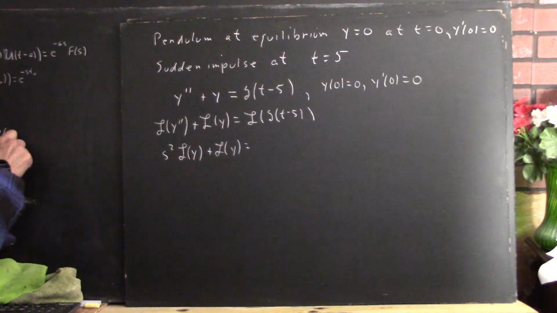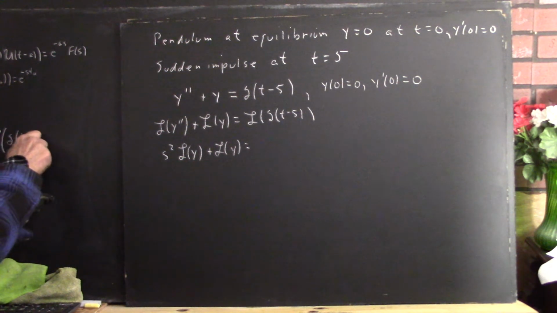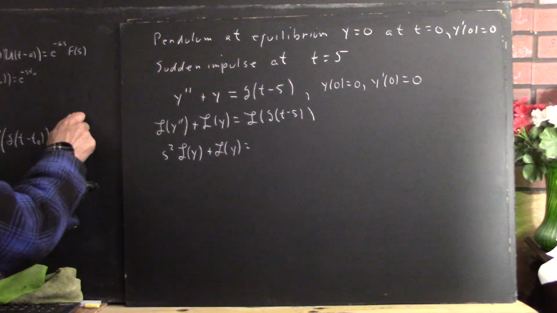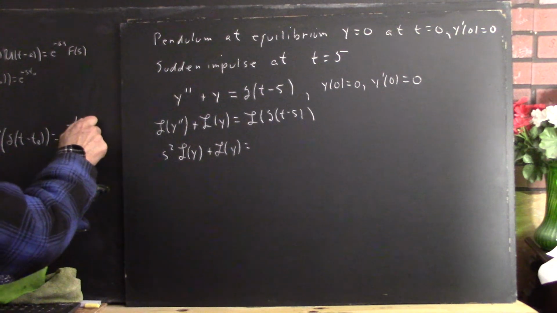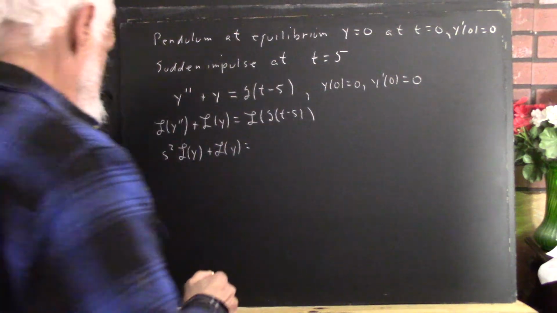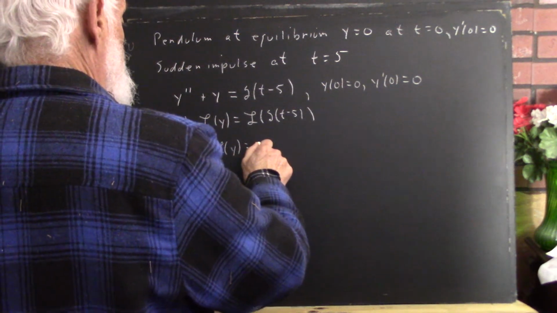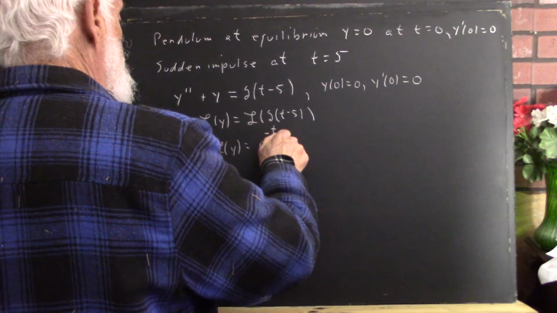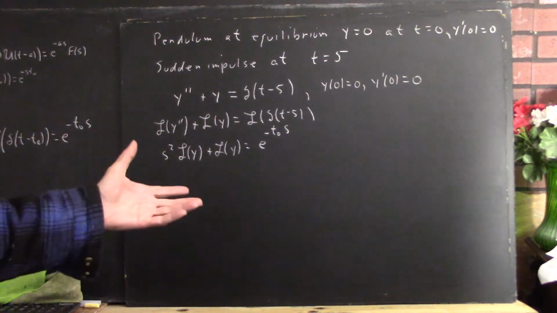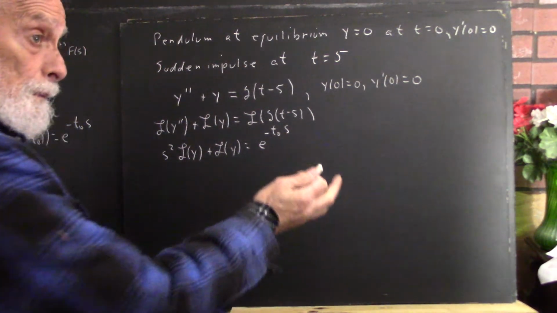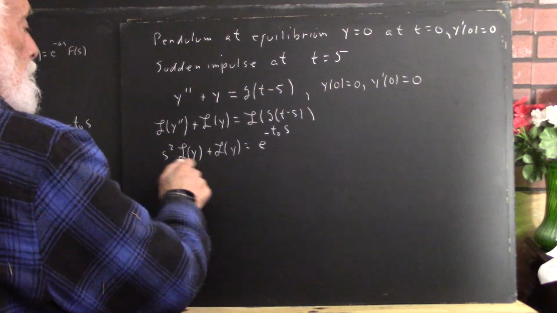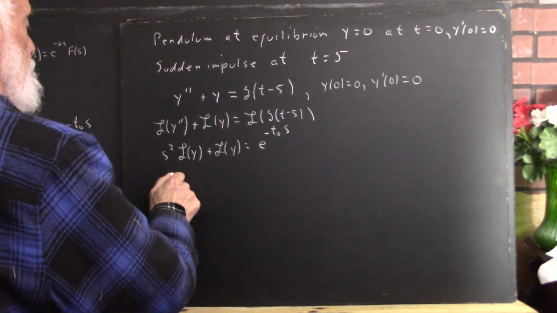Laplace transform of delta of t minus t naught is e to the negative t naught s. Okay, so this is then just e to the negative t naught s. Okay, well, let's factor out the L of y.